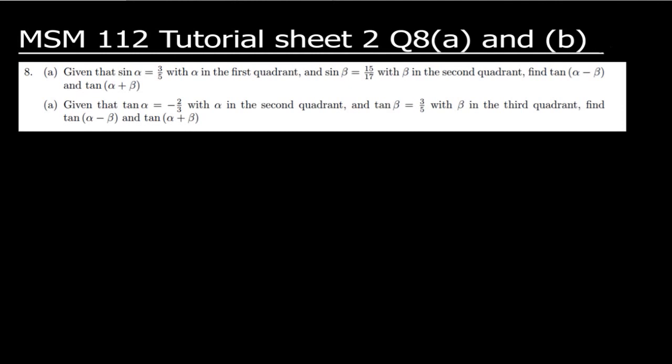So the first thing that you have to look at in this question are the trig ratios that have been given. We're being told to find tan(alpha minus beta) and tan(alpha plus beta), but in the question itself we've been given sine, meaning there is something we need to do in order to get tan.